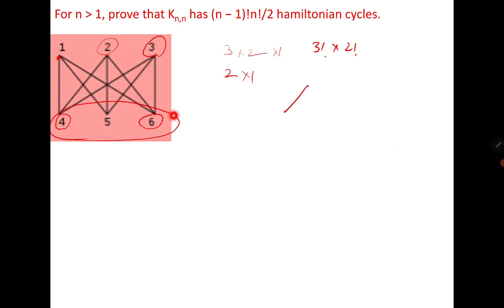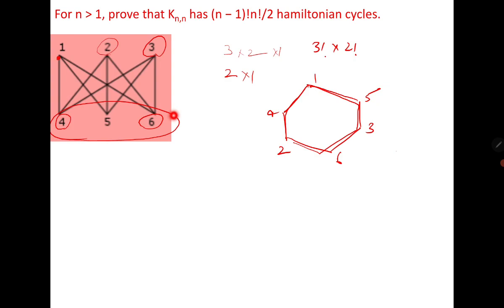So for example, from 1 I go to 4, then 4 to 2, then 2 to 6, 6 to 3, 3 to 5, and 5 to 1. Now this cycle is 1 4 2 6 3 5 1.